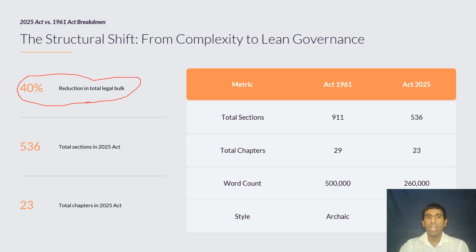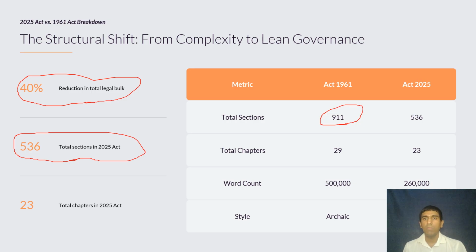Then under the 2025 act, there are now 536 total sections. In the old act there used to be something around 911 sections, but a lot of the redundant sections have now been eliminated, and all of which have been consolidated under 536 total sections, thus making the act a lot shorter and simpler. Then same goes for the chapters.